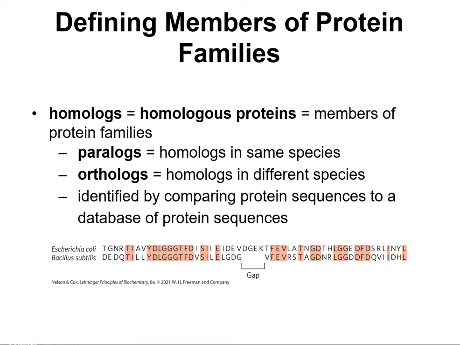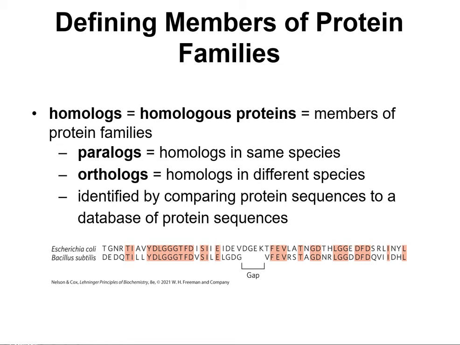Here's a little bit of terminology here, and we're not going to focus too strongly on defining families and things of that nature, but I do want you to have an understanding of how it's done and why it's important. So here's some terms for you. Homologs or homologous proteins are all just members of a protein family. Paralogs are homologs within the same species.